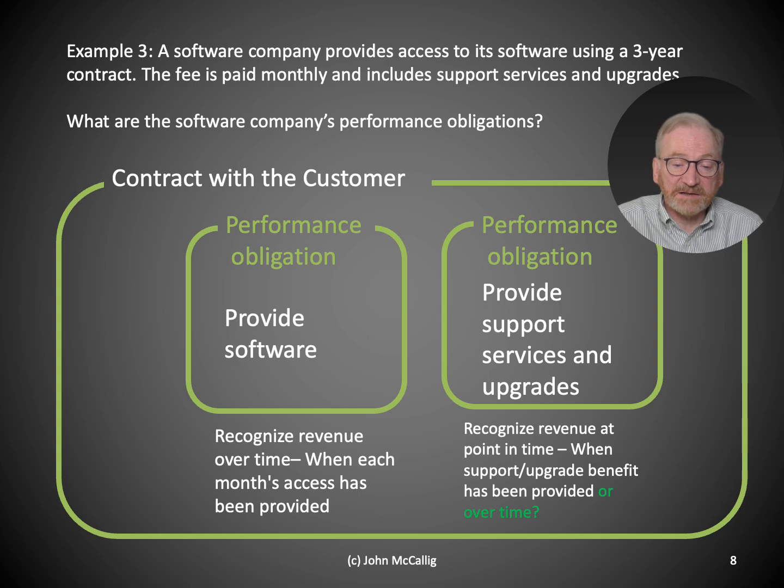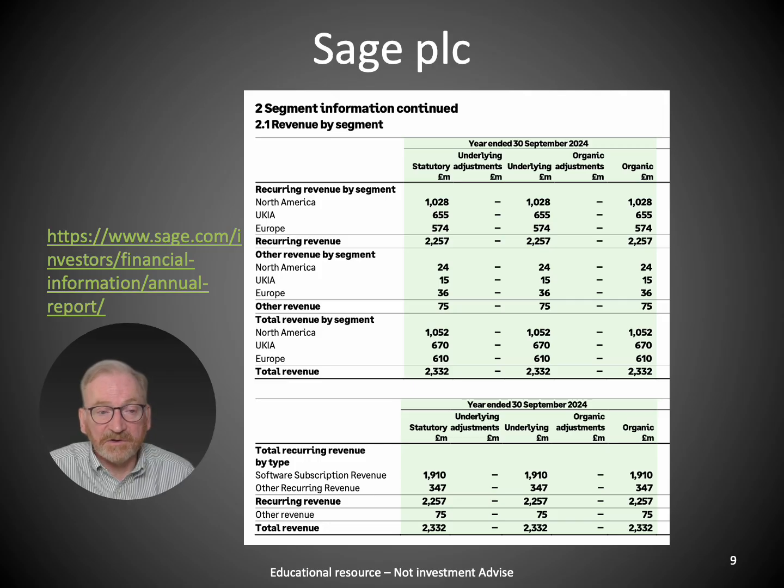So let's look at a real example of a company like this. This is a company called Sage. They're an accounting software provider based in the UK. And here is their revenue by segment. And they show us a geographic breakdown here.